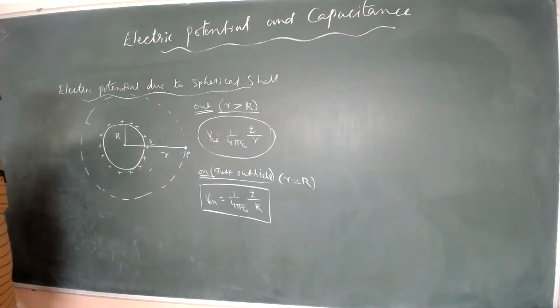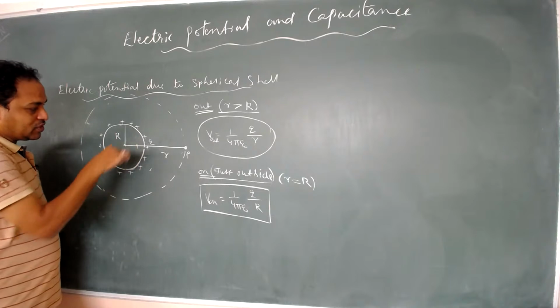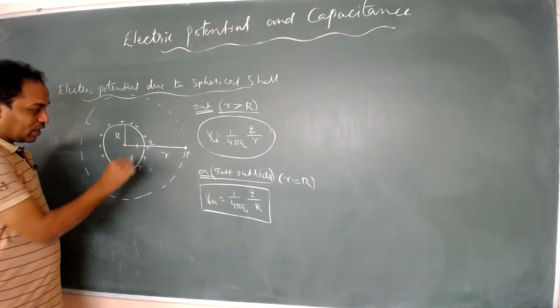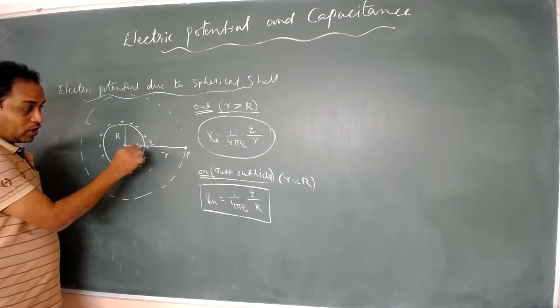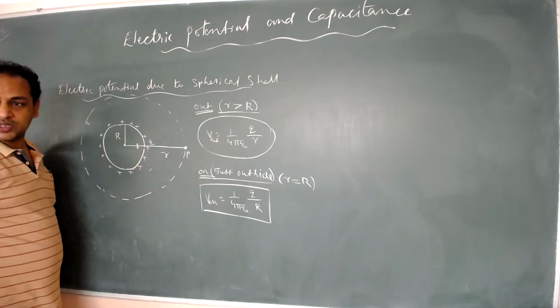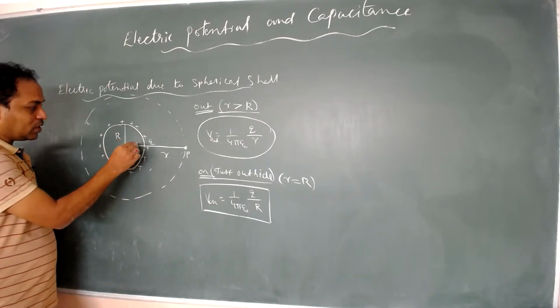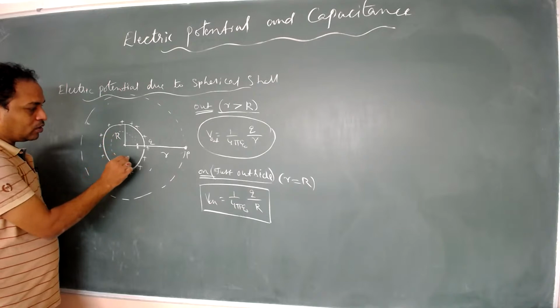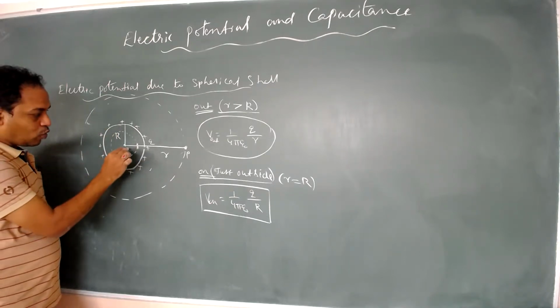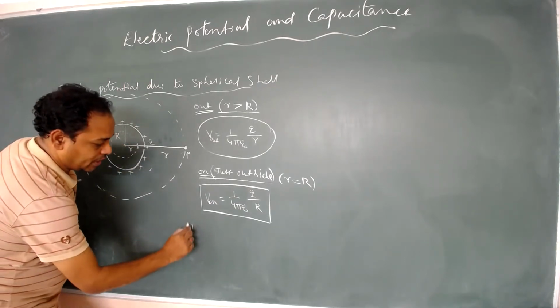Getting what I am saying? Now suppose I am going inside. Inside में कितना है? What is the electric field inside, what is the potential inside this sphere? So inside the sphere I have to consider, suppose I have taken a point at small r inside.